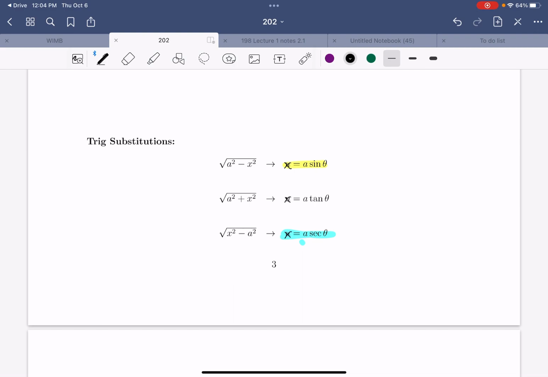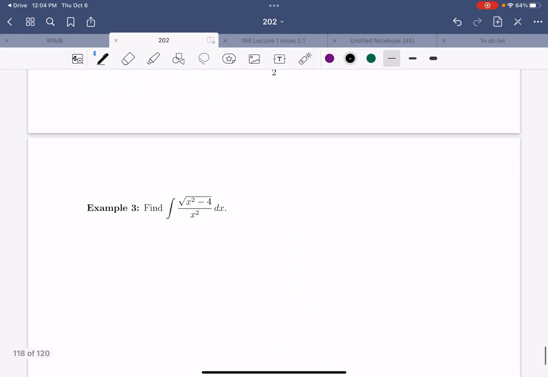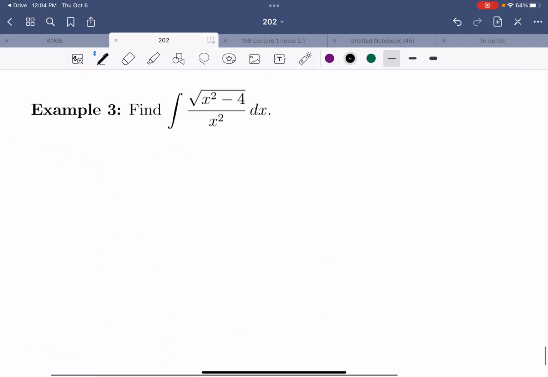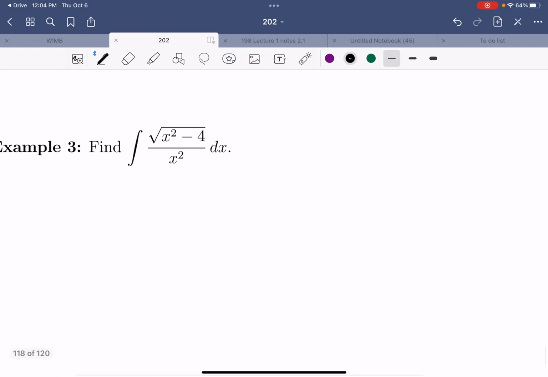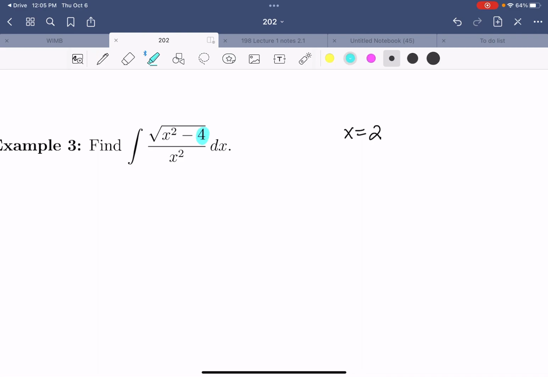So we're going to use our secant here. So let's try that. Okay, so we're going to let x equal, again, 2, which is the square root of this number right here, secant theta. Our dx then is 2 secant theta tangent theta, d theta.